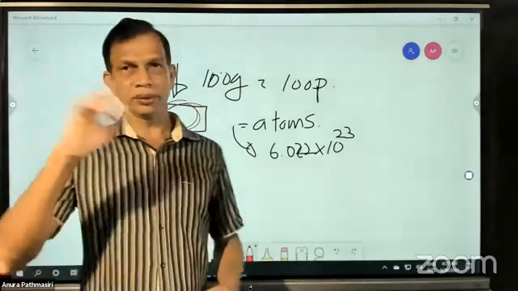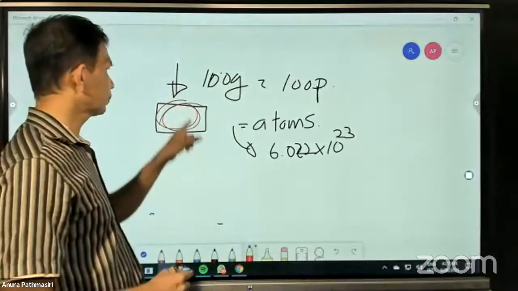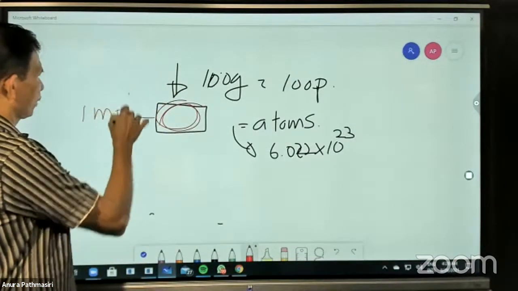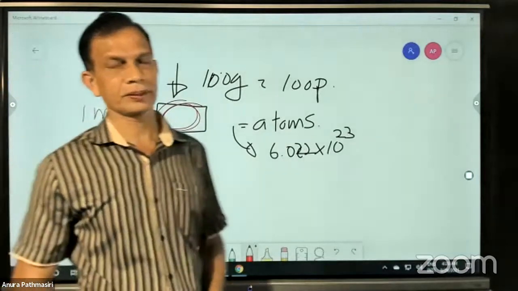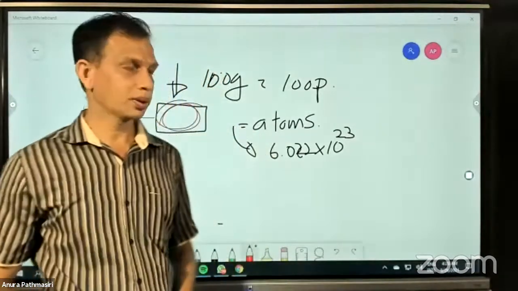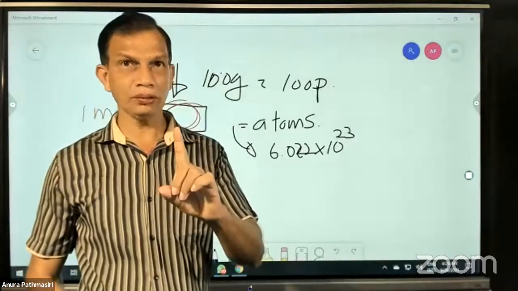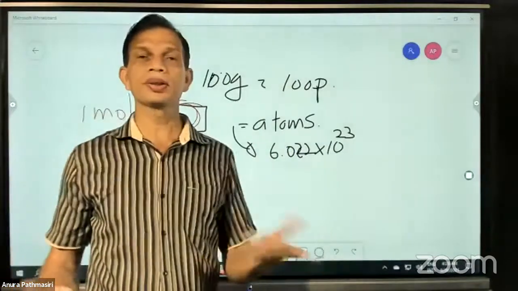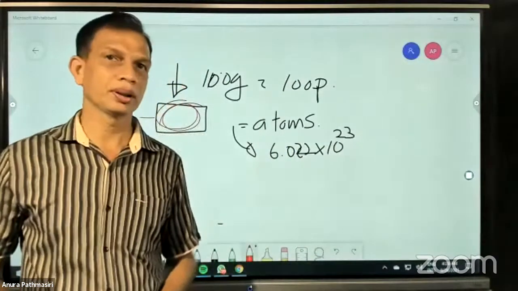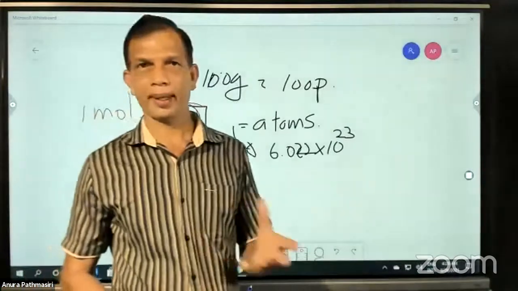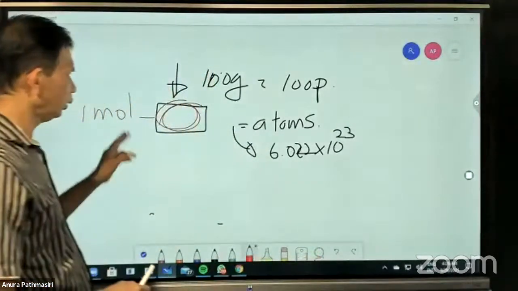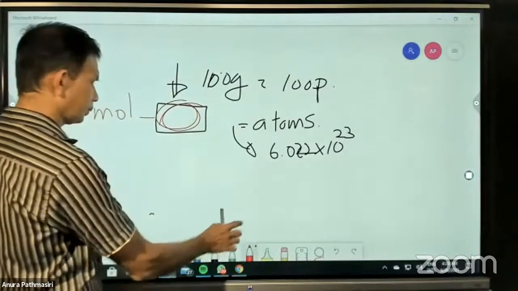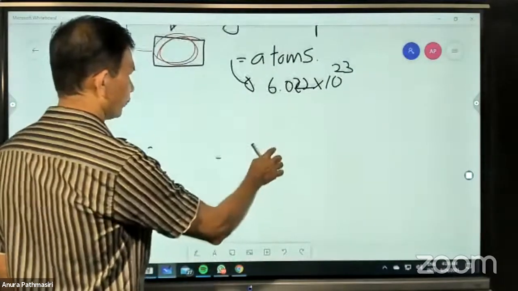Later we found out that this fixed amount of mass is said to be 1 mole. 1 mole of substance, right? If you consider 1 mole of carbon, there you have 6.022 times 10 to the power 23 atoms. 1 mole of carbon, C-12 isotope.